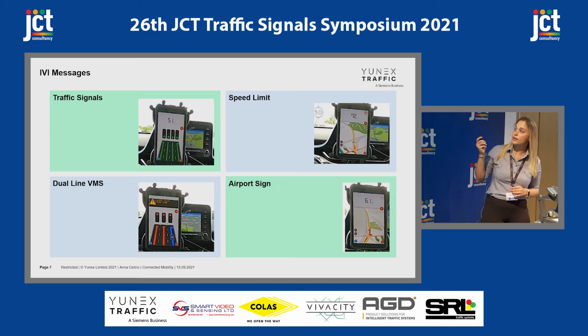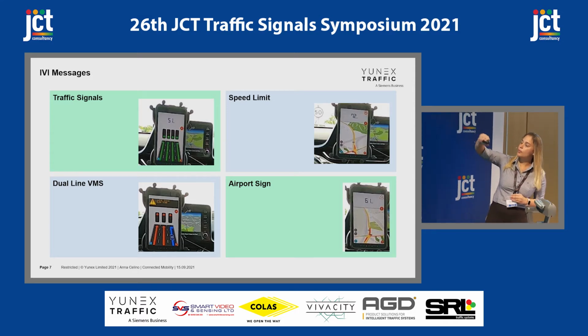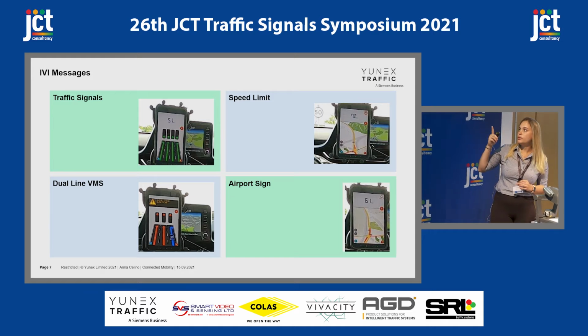We can also get the speed limit, but in this case it is in kilometers per hour. So that's the difference between 50 miles per hour and 72 kilometers per hour. On the top right picture, we have the road speed limit sign showing on the HMI and also our current speed.